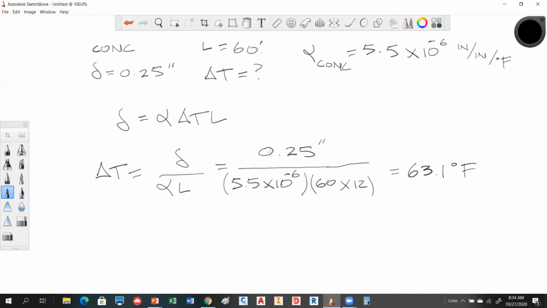You guys can do it differently. 5.5 times 10 to the negative 6 times 60 times 12. I get a pretty small number, 0.004. Then I usually use 1 over x, so I multiply that 1 over x times 0.25. Yeah, I'm coming up with 63.1. That's what I got too.